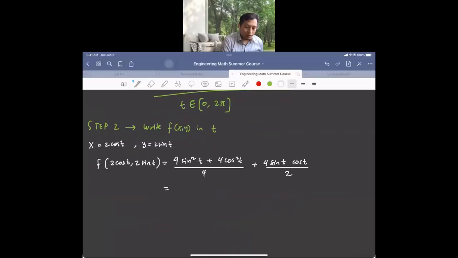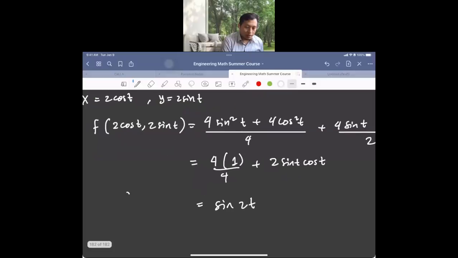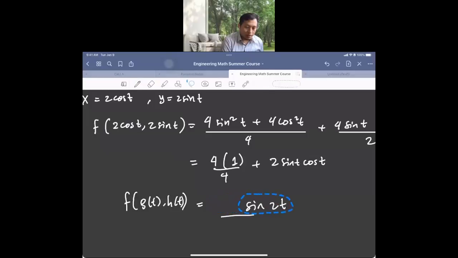So we can simply write this as 1 plus 2 sin t cos t, or simply 1 plus sin 2t. That is what our function becomes. So this is what we called before g of t and h of t. Wait, not sin 2t alone, it's 1 plus sin 2t, sorry.